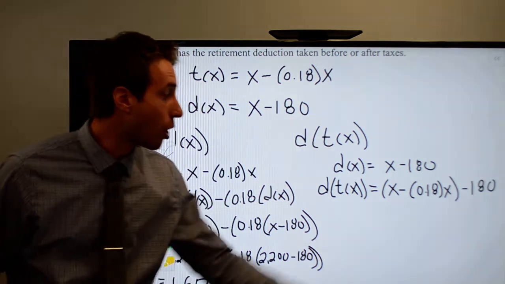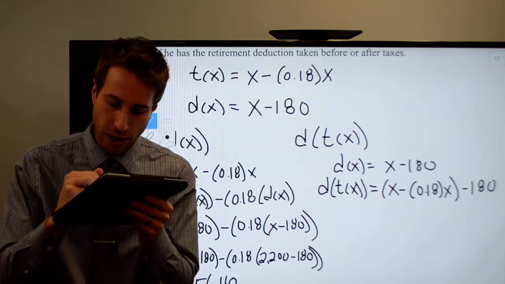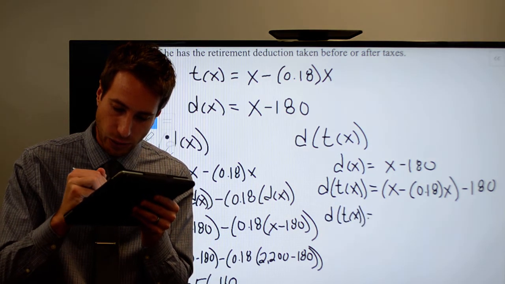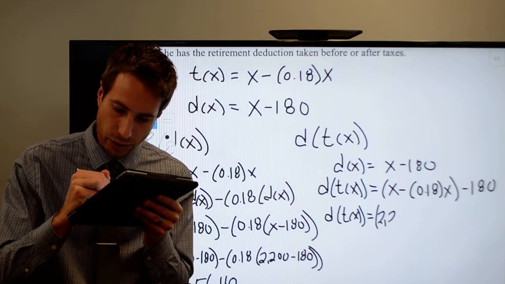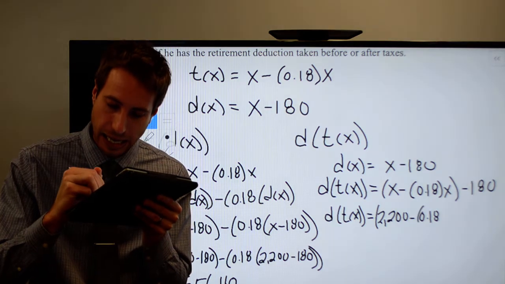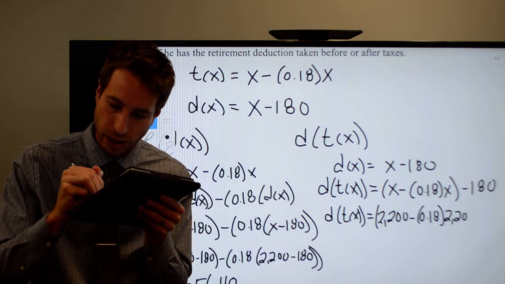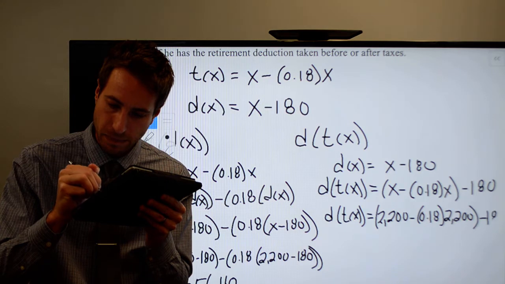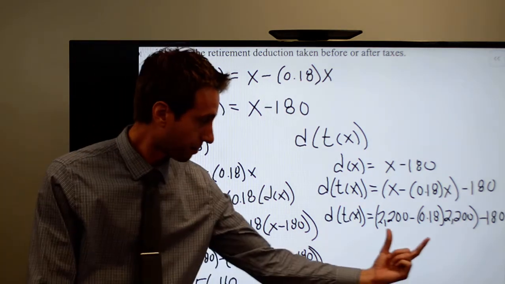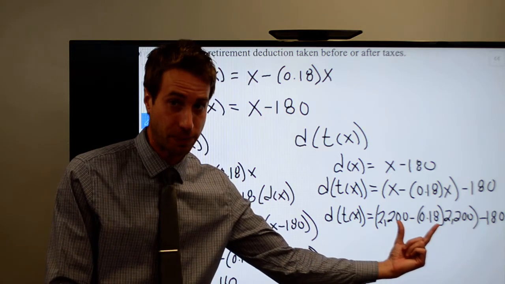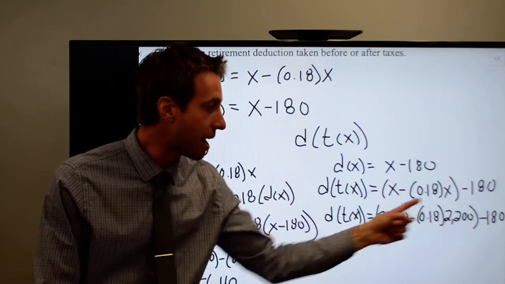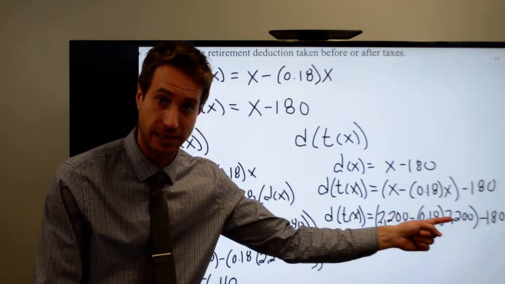All right, Tyrone makes $2,200 per pay period. So d of t of x is equal to 2,200 minus 0.18 times 2,200. Again, remember the way this works. What Tyrone is doing is first paying his taxes, right? This represents the amount of money taken out in taxes.